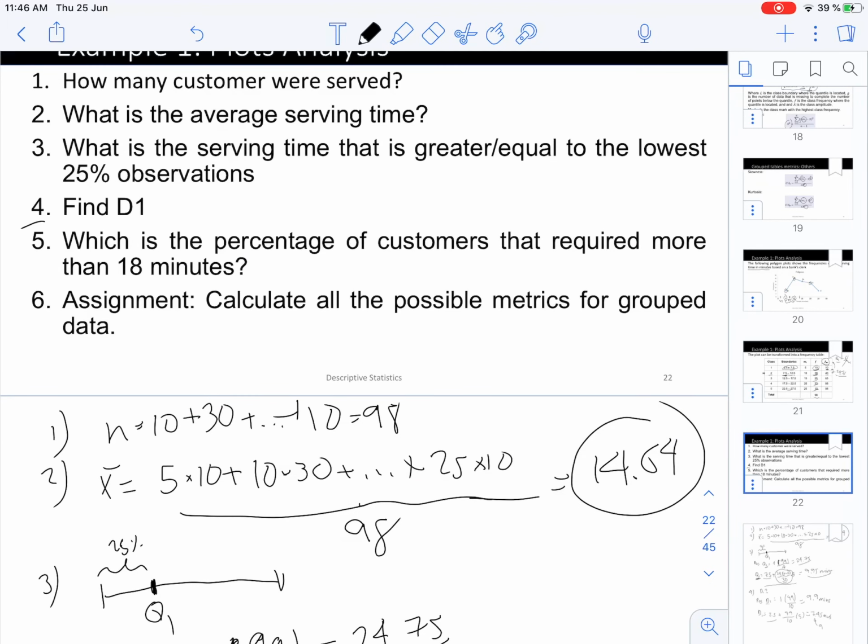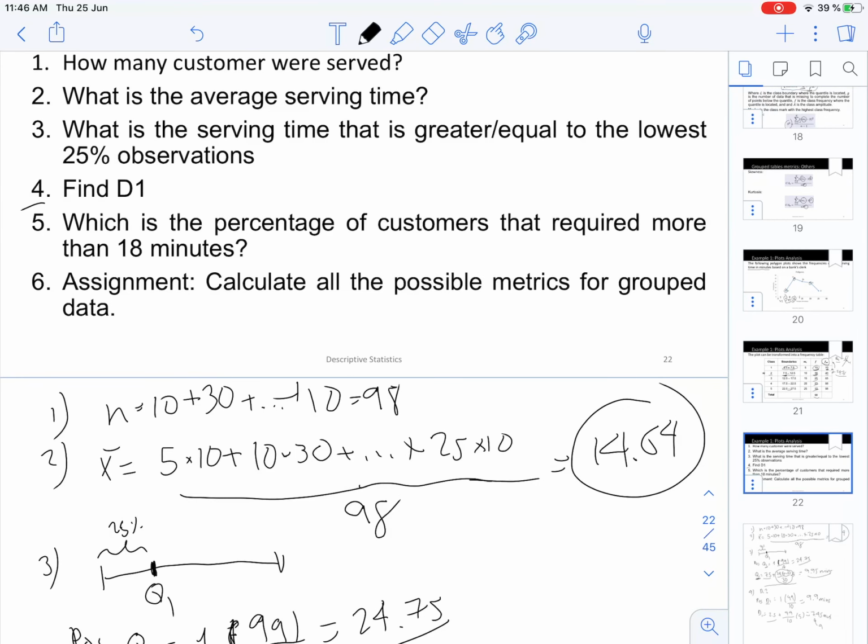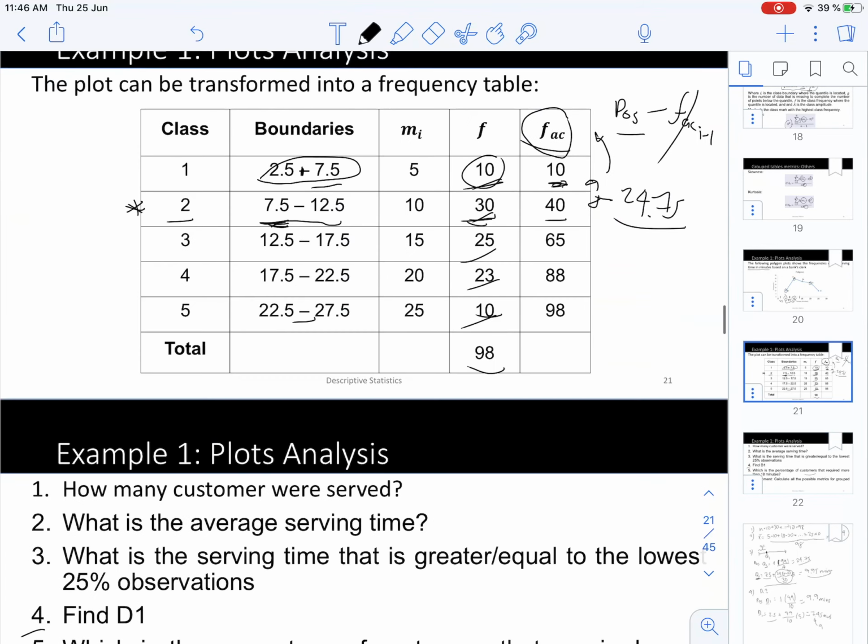All right, so let's continue with the last one, which is the percentage of customers that require more than 18 minutes. Initially, this looks like a harmless question. It looks easy to answer. To be honest, that's the first impression, right? What is the percentage of customers that require more than 18 minutes?